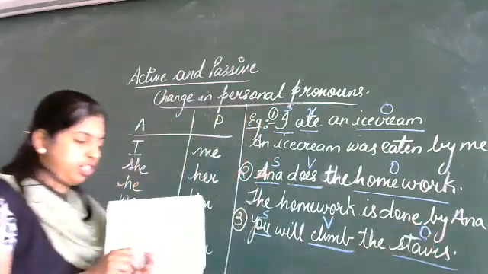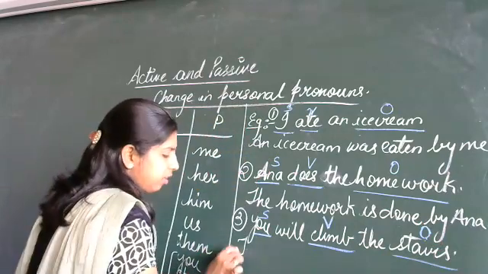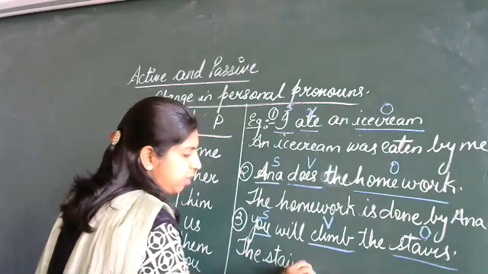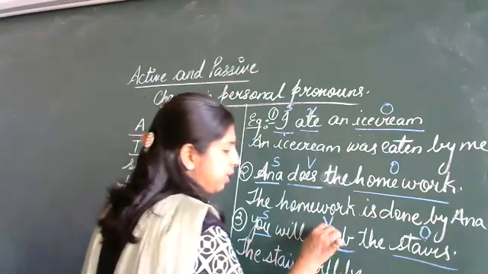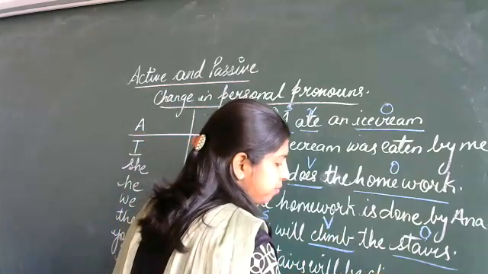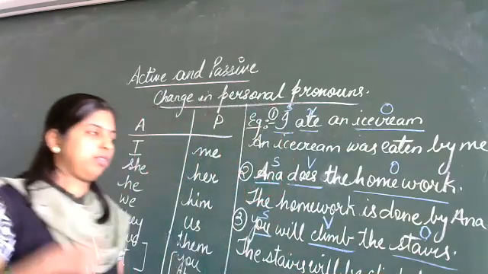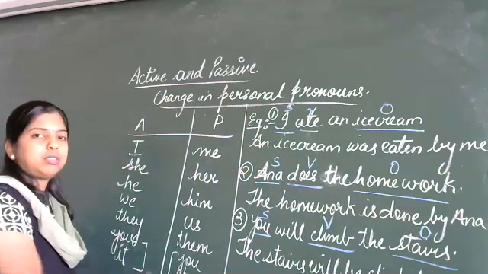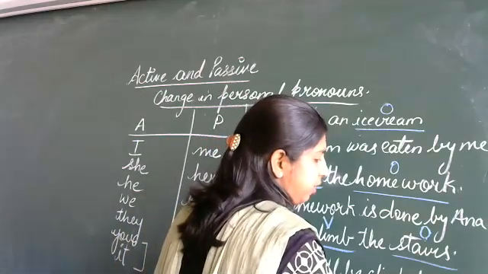Then change now. The stairs will be climbed by whom? The stairs will be climbed by you. You changes to you. You only. No change in that. That's what I told you.